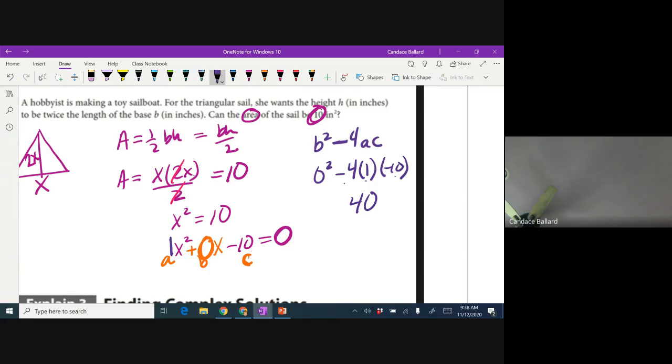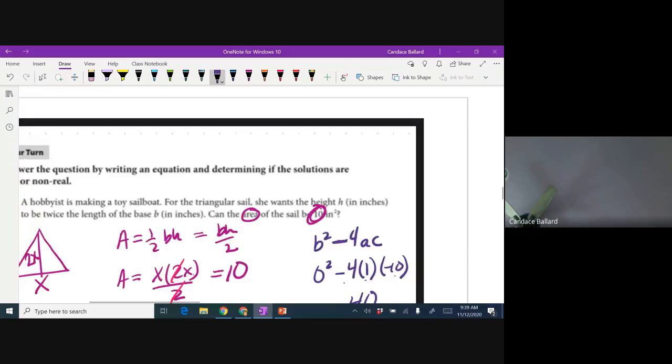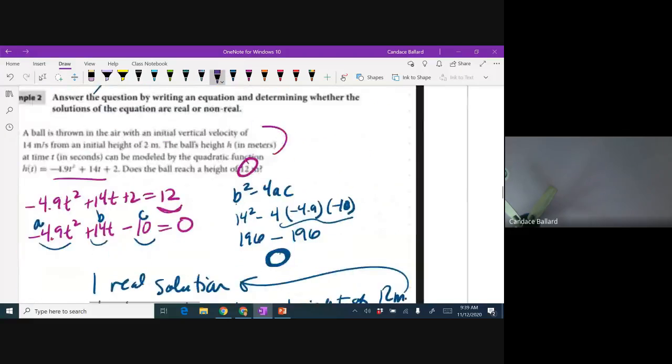So tell me, how many and what type of solution do we get on this one? Go back to the chart and look. All right, so if I look at my chart, I got a positive number.